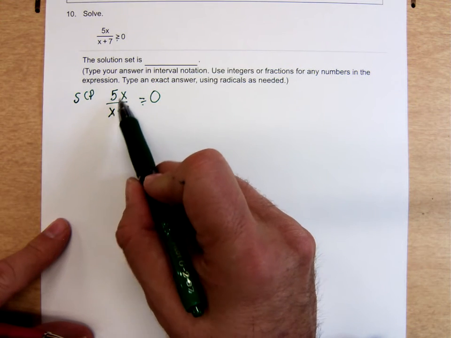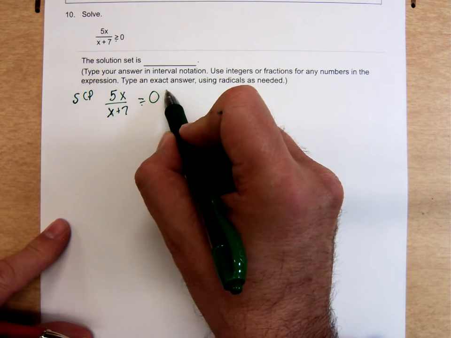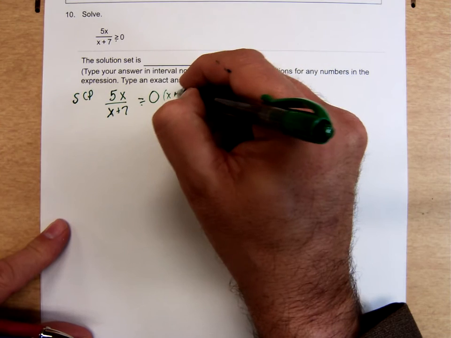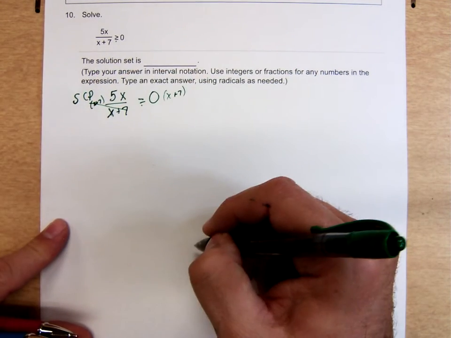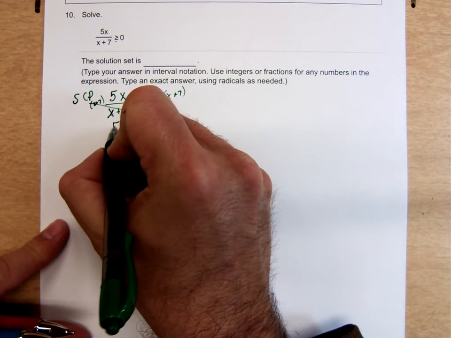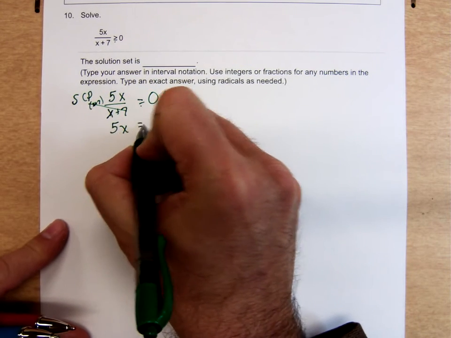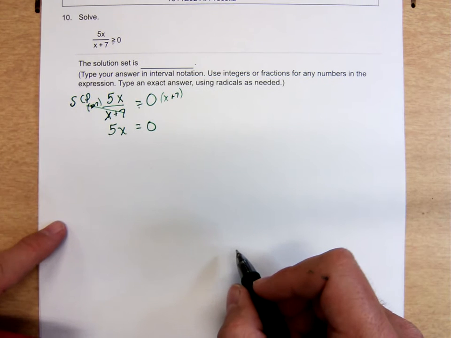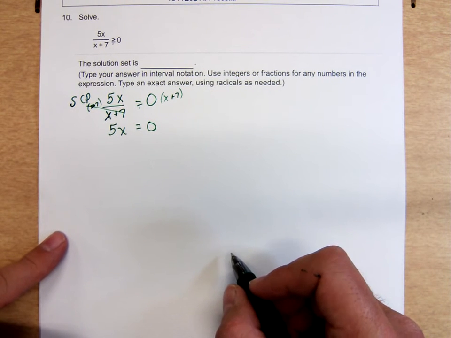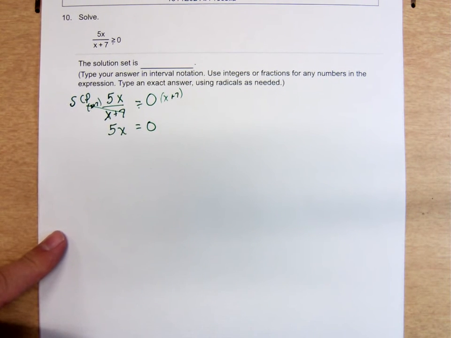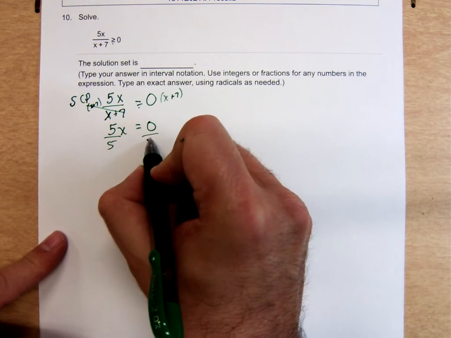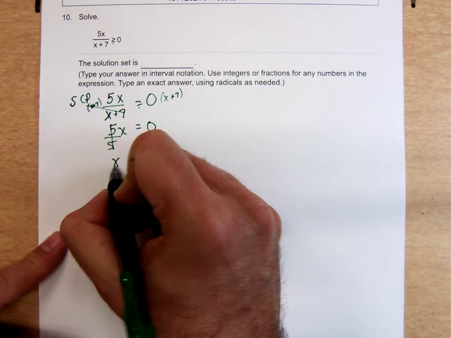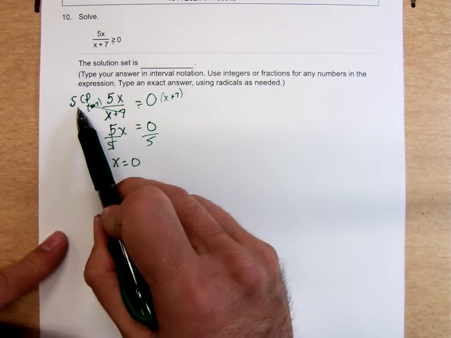Well, you can get rid of the fraction by multiplying both sides by x plus 7, which is just going to cancel out those x plus 7s and leave you 5x equals 0. Divide both sides by 5. So we have x equals 0 as our solution cut point.